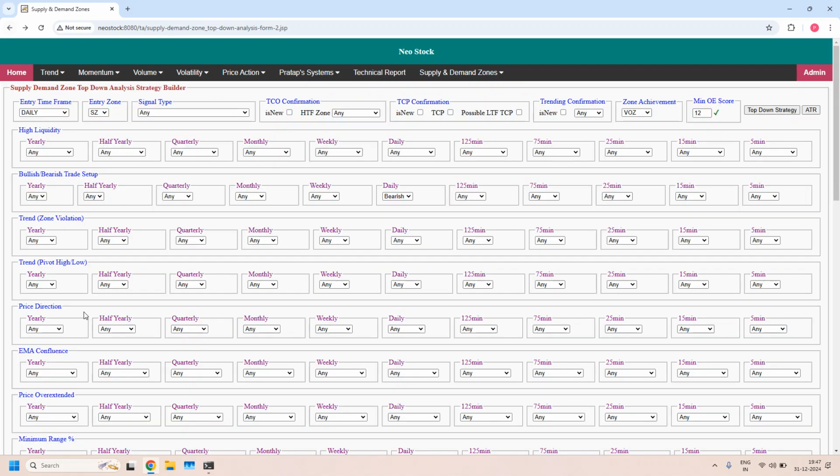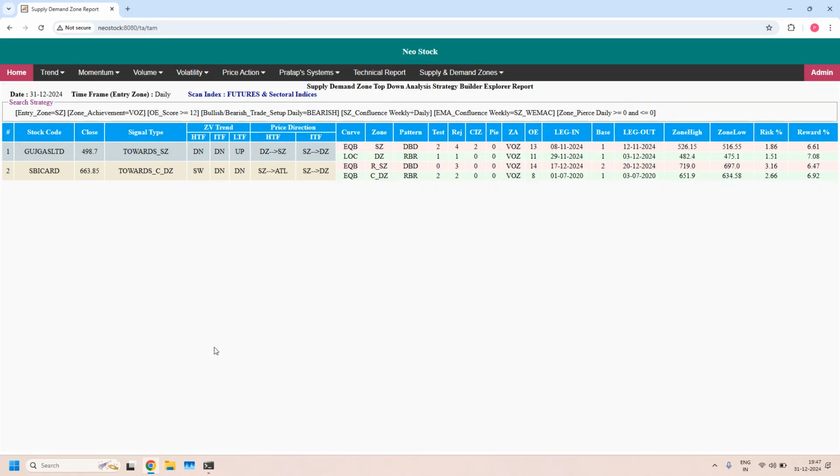Let us verify. In the EMA confluence at weekly time frame, because the daily supply zone is part of the weekly supply zone, that's why we are verifying for weekly supply zone having weekly EMA confluence. With this filter, out of 3, we got 2 stocks. And these 2 stocks are even more high probability trade setup supported stocks.